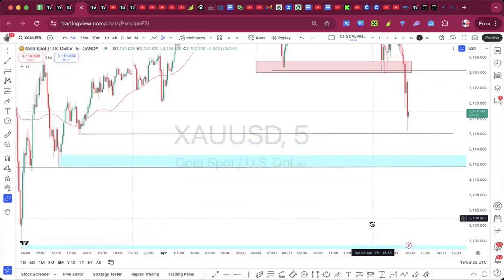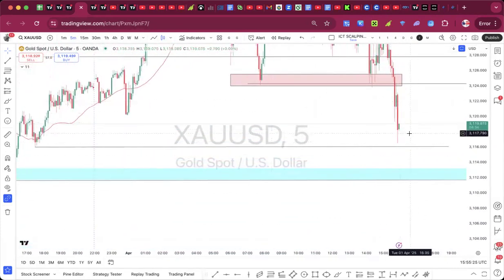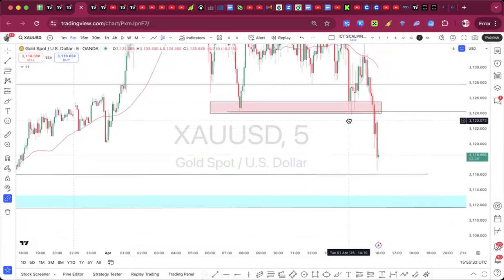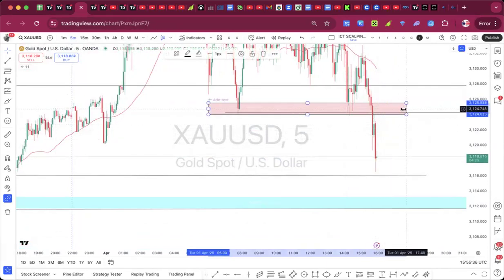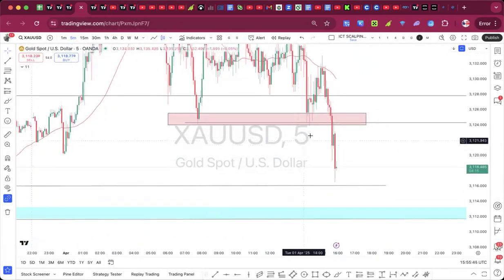So 3,001. So it's pulling back and then continuing going down. So I can't really know where I entered from. That's a disorganized type of trading you have done. Because it was when it came back here that we were supposed to short and put our stop loss above here.